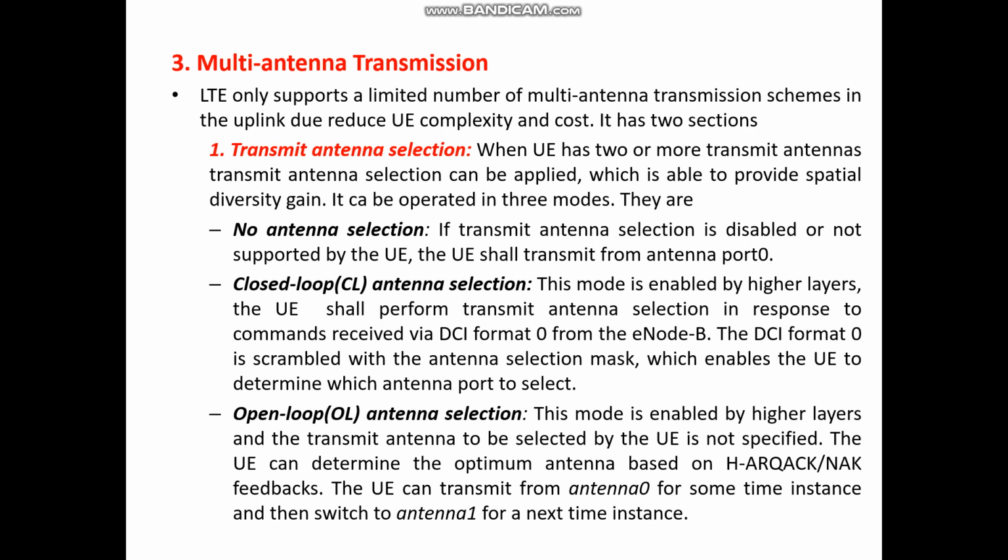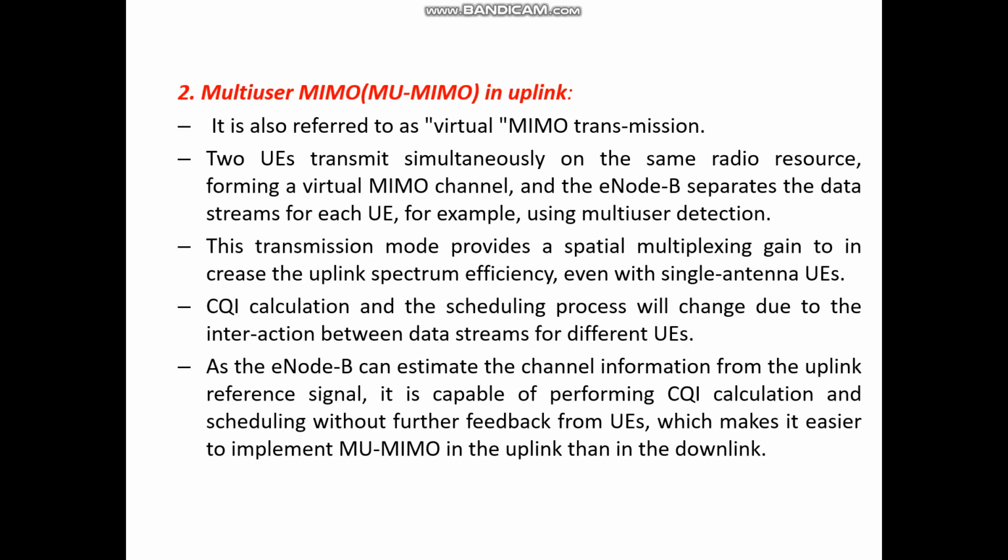Part 1 is transmit antenna selection. Second part is multi user MIMO. Here it is also referred to as virtual MIMO transmission. In multi-user MIMO, what happens is multiple users, or for example, two user equipments can transmit simultaneously on the same radio resource, forming a virtual MIMO channel.